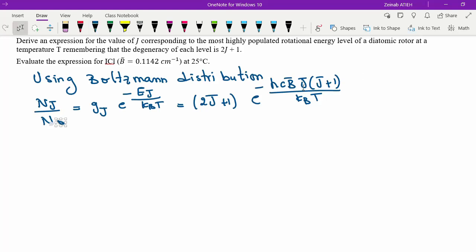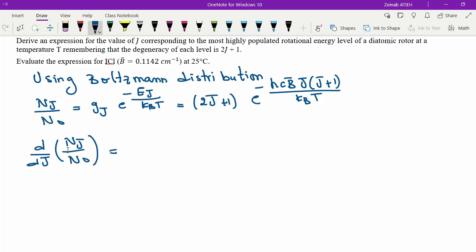So to find the value of J for which this function is maximum, we have to differentiate this function with respect to J, equate the derivative to 0, and then find J. So let's do that. Let's take the derivative of N_J over N_0.